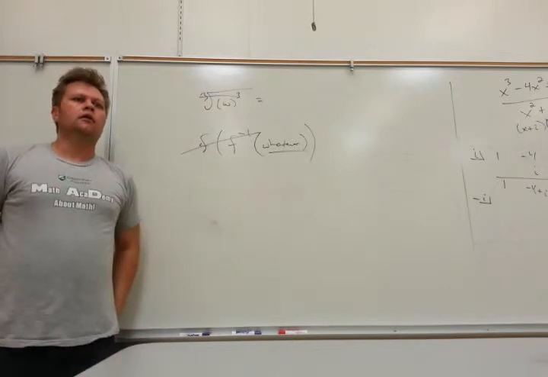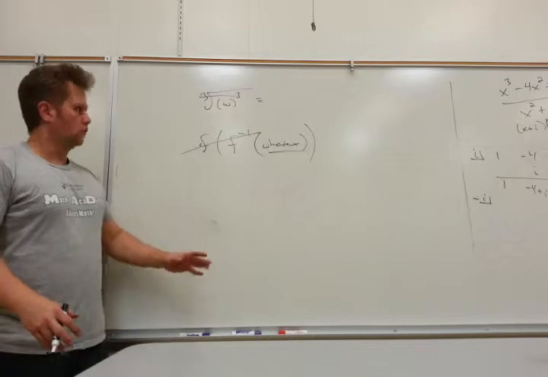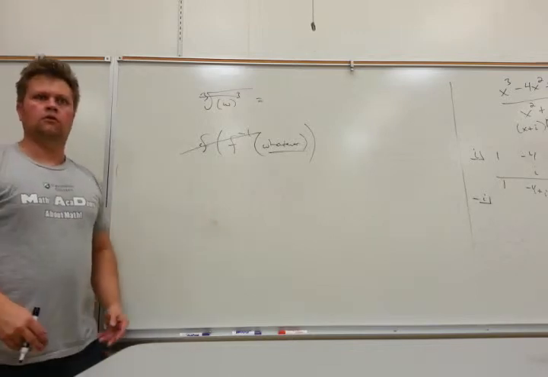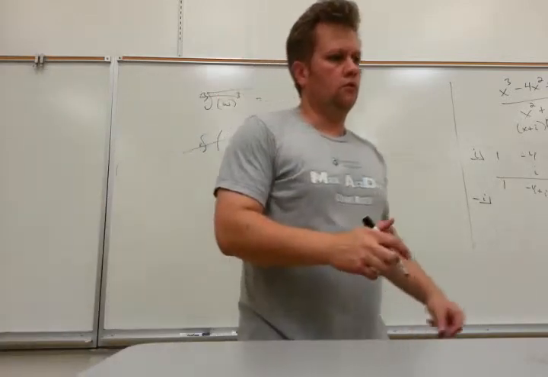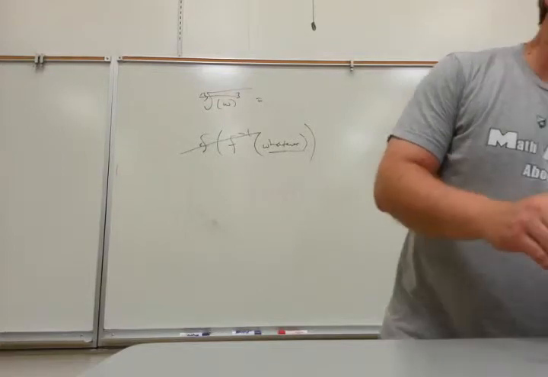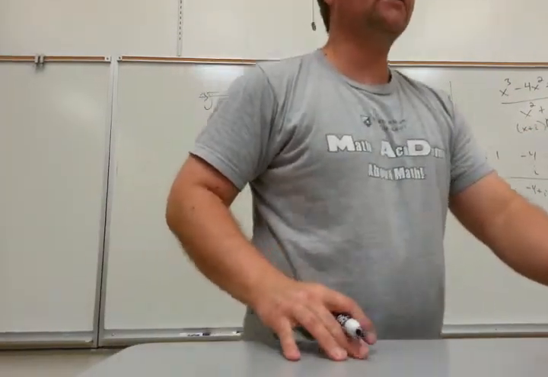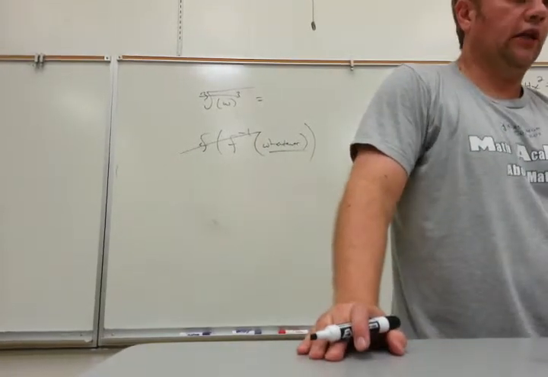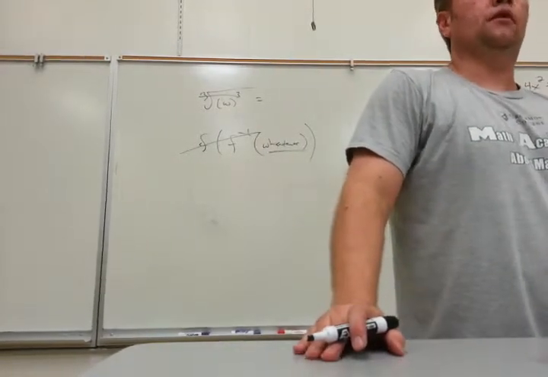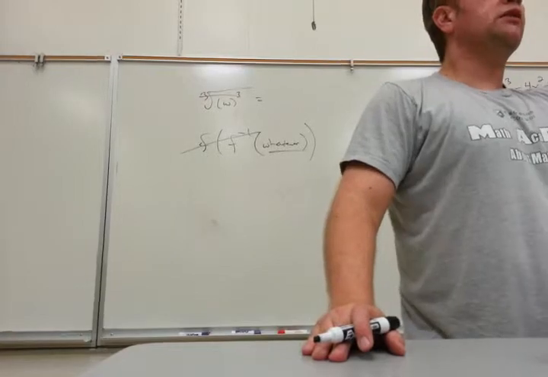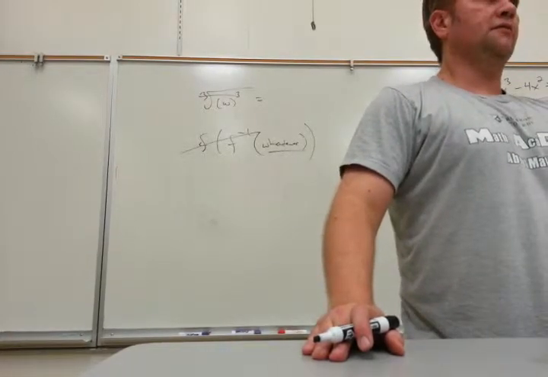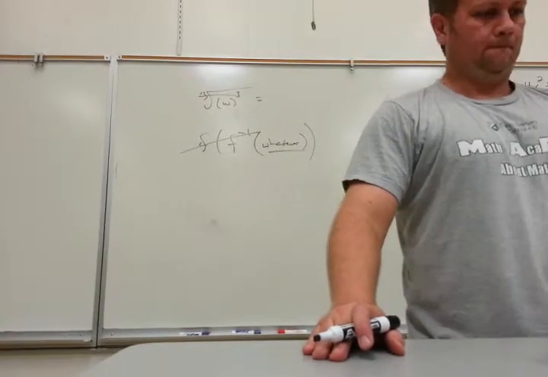The answer would be x equals 3. For this one, it's f inverse of f of x minus 3. It would be x minus 3, because the f inverse and the f just cancel. You're left with whatever's on the inside. Whatever f does to x minus 3, f inverse undoes it. So you're left with x minus 3.